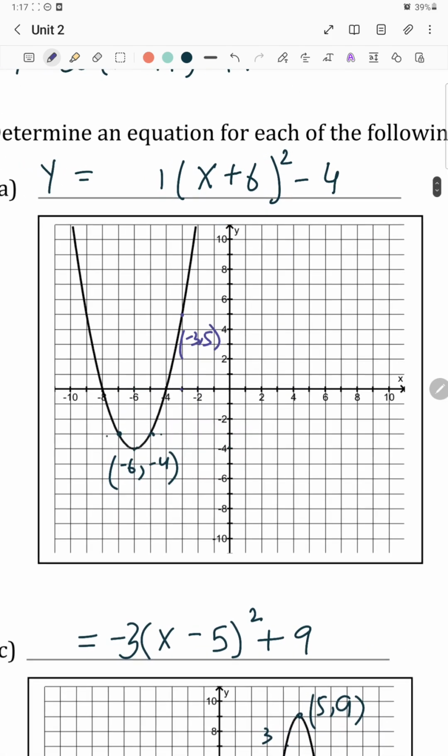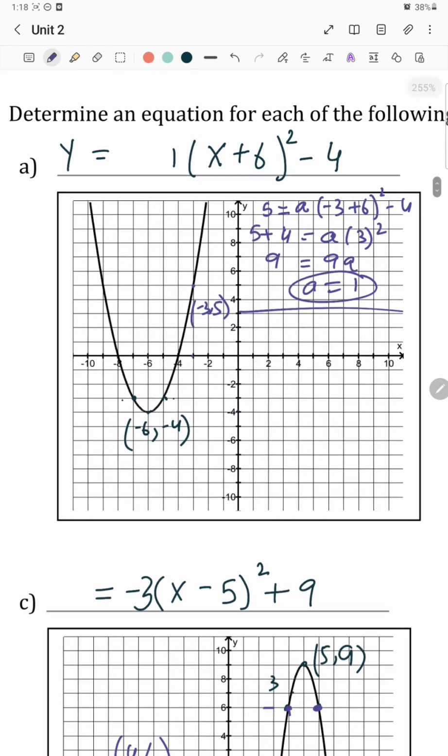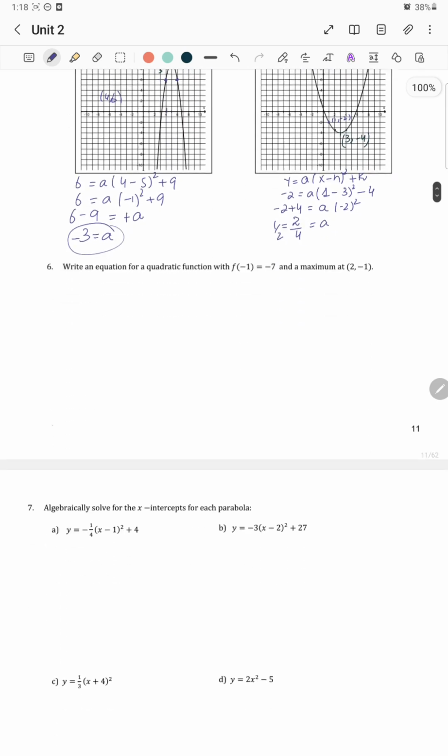Okay, 5 is equal to a x. In this way, we can calculate a by taking any one point on the graph.